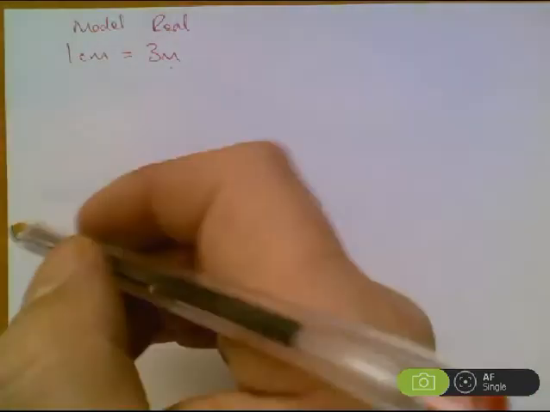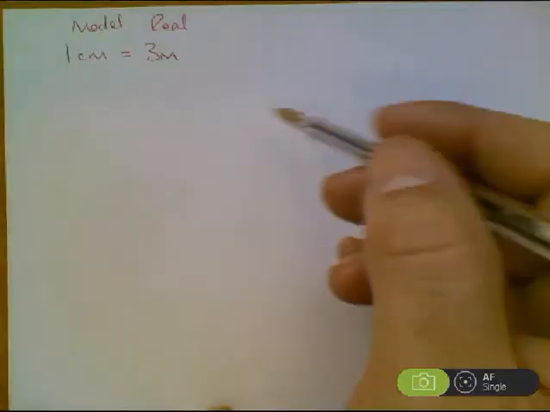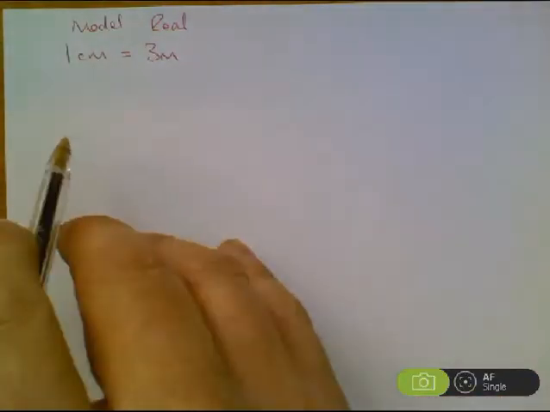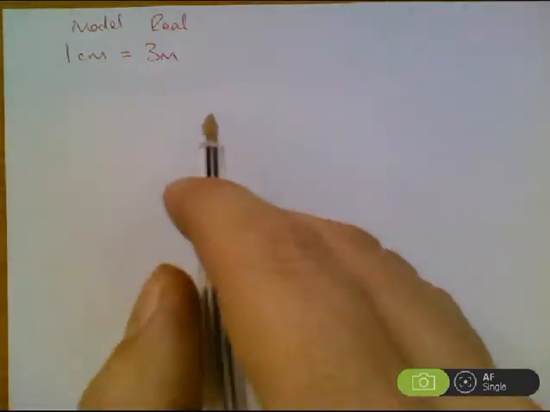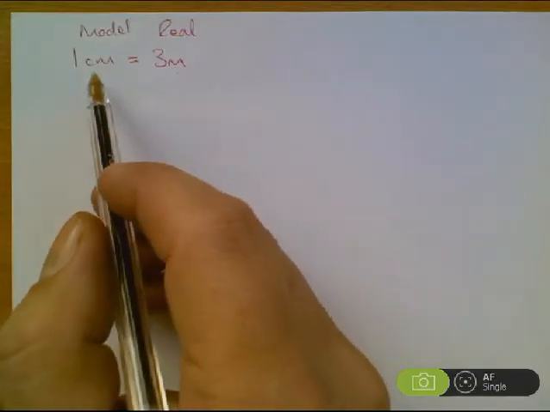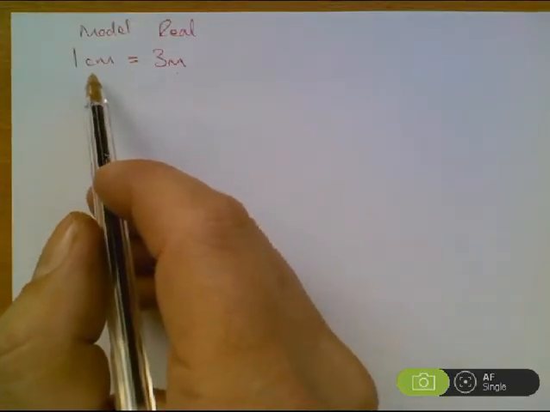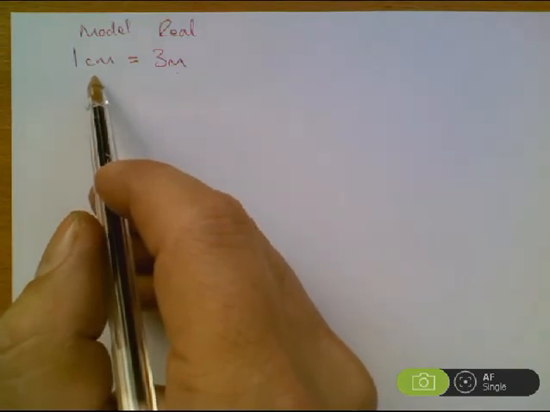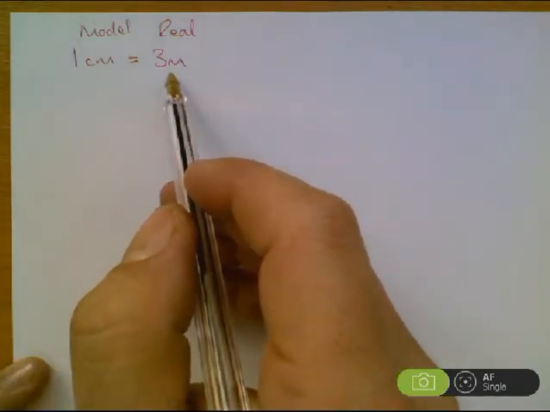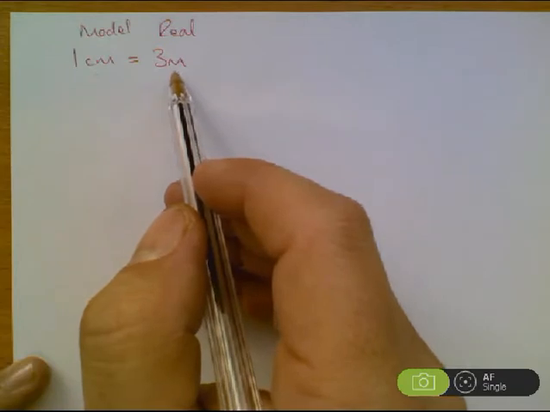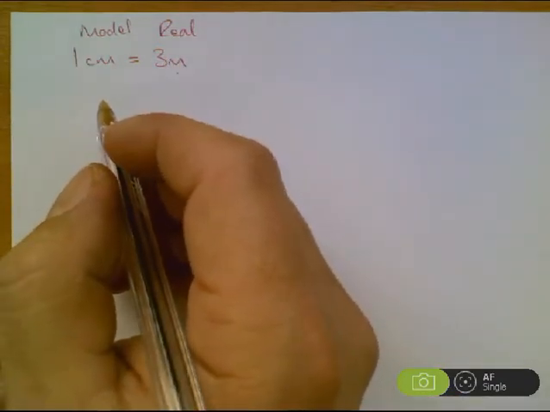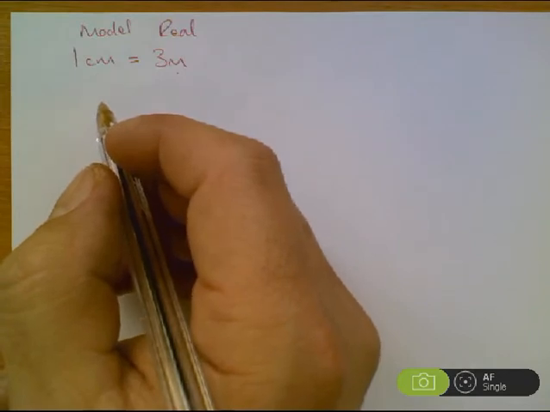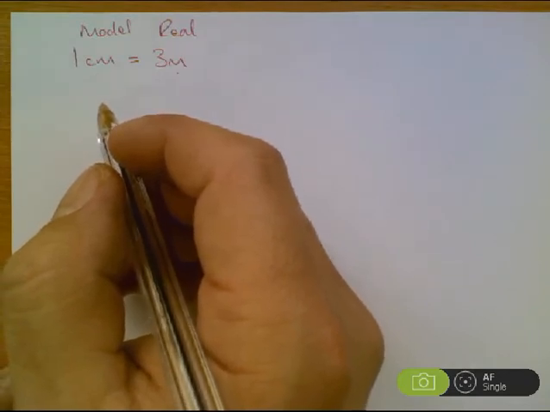And then you might be required to change from some measurements on the scale model to some measurements in real life, or vice versa. So for instance, let's say there's a model of a building, 1 centimetre on the model is equal to 3 metres in real life, and the question would be what is 5 centimetres on the model in real life?